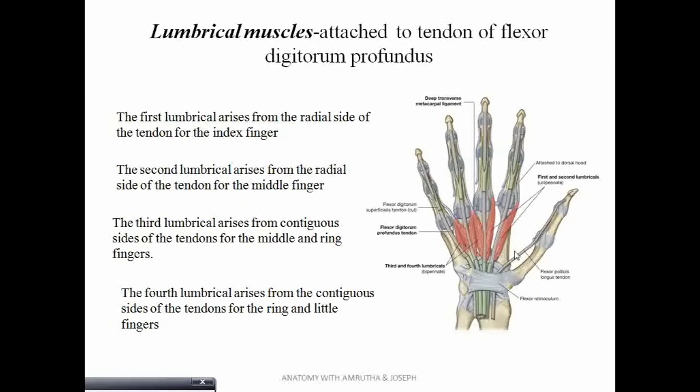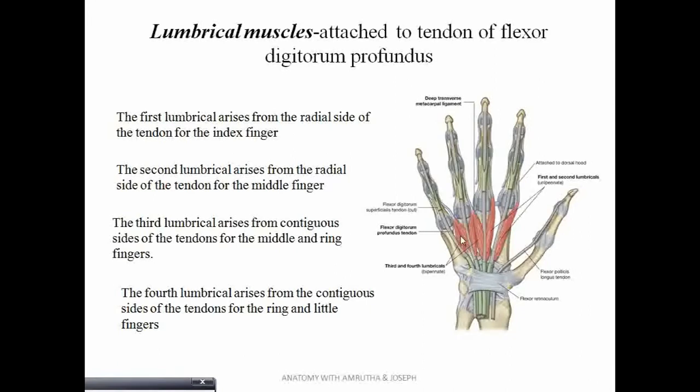So we number the lumbricals from lateral to medial. So the first lumbrical arising from the lateral side of the tendon of index finger. This is the tendon of flexor digitorum profundus. Second lumbrical, which is arising from radial side of tendon of middle finger. Third lumbrical, which is arising from both the sides of the tendons of middle and ring finger.